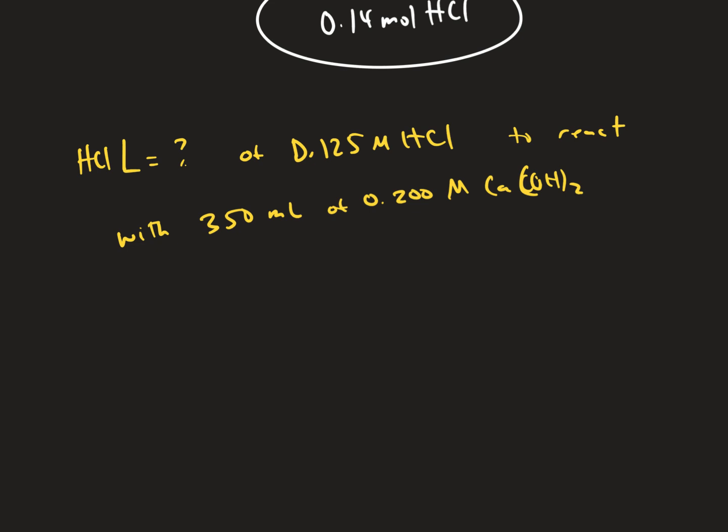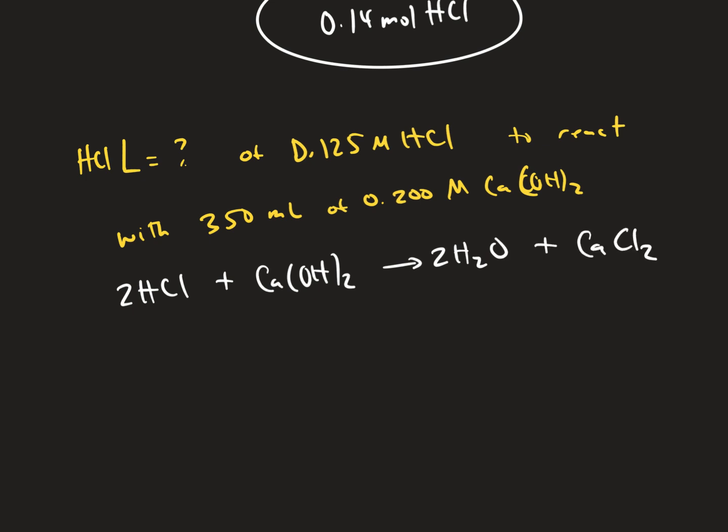And we're dealing with the same stuff, right? Same equation. We have 2HCl plus calcium hydroxide gives us 2 H2Os plus calcium chloride. So where do we start?